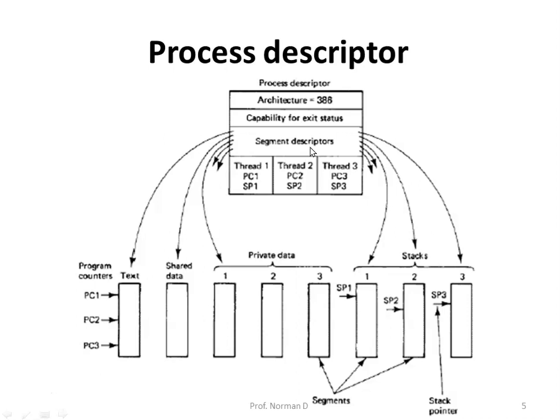Finally, the process descriptor also contains a descriptor for each thread. The content of a thread descriptor is architecture dependent, but as a bare minimum it contains the thread program counter and a stack pointer.